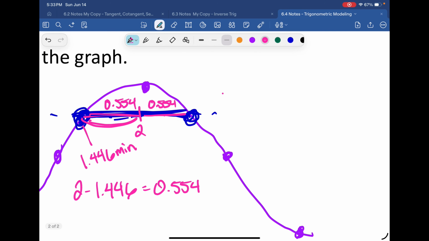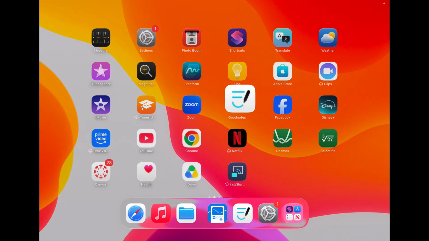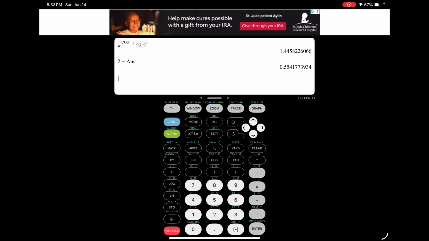So to get that location, I'm going to take the 2 and add the 0.554. So answer plus 2, 2.554.